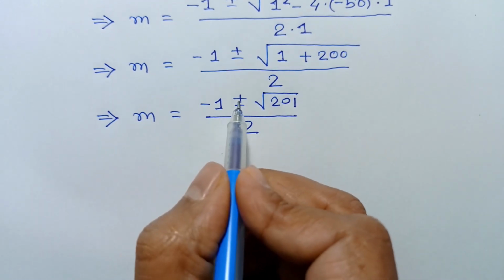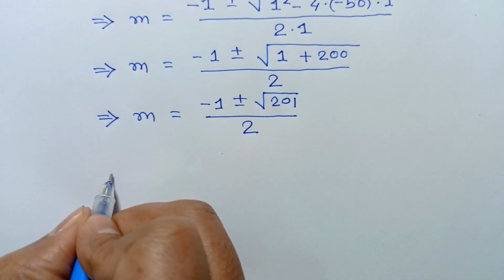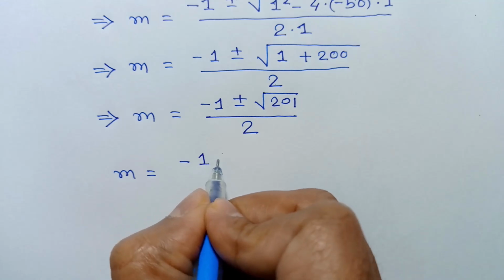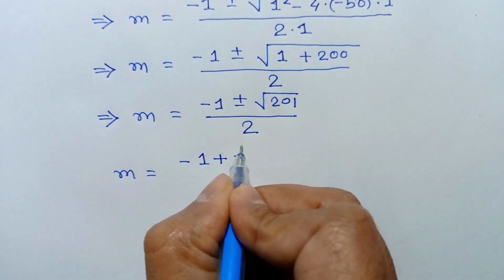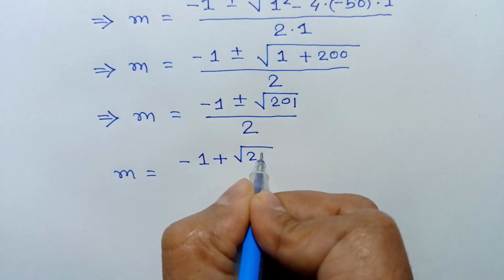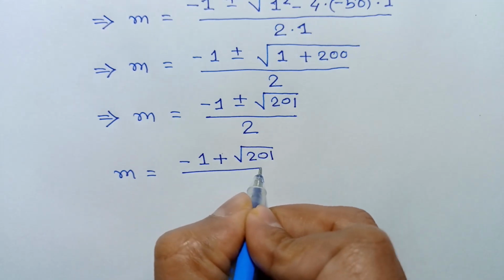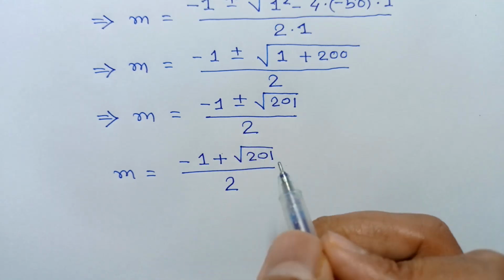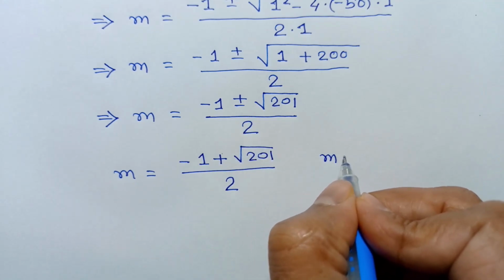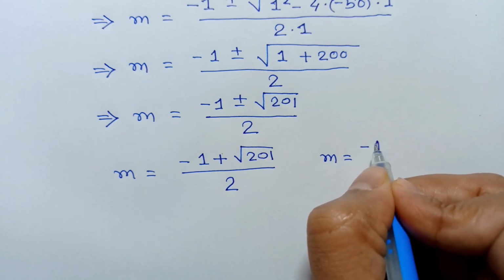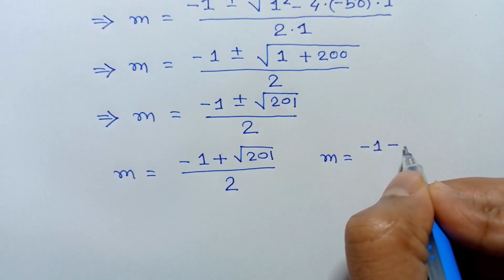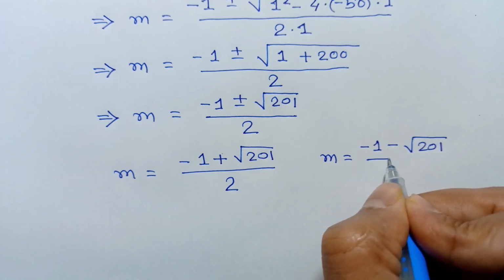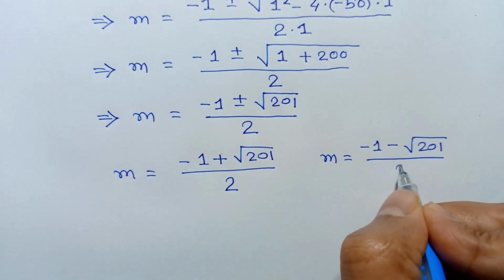Now taking the positive sign, we can write m is equal to negative 1 plus square root of 201 over 2, or for the negative sign, it will be m is equal to negative 1 minus square root of 201 over 2.